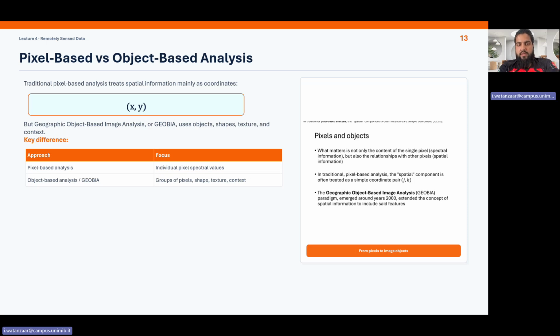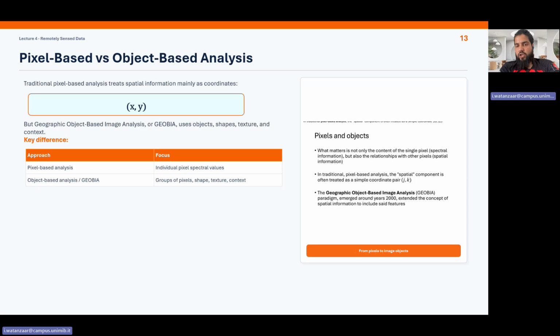Traditional pixel-based analysis treats spatial information mainly as coordinates, X and Y. But geographic object-based image analysis, GEOBIA, uses the object's shape, texture, and context. This is exactly the same spatial information they are using.